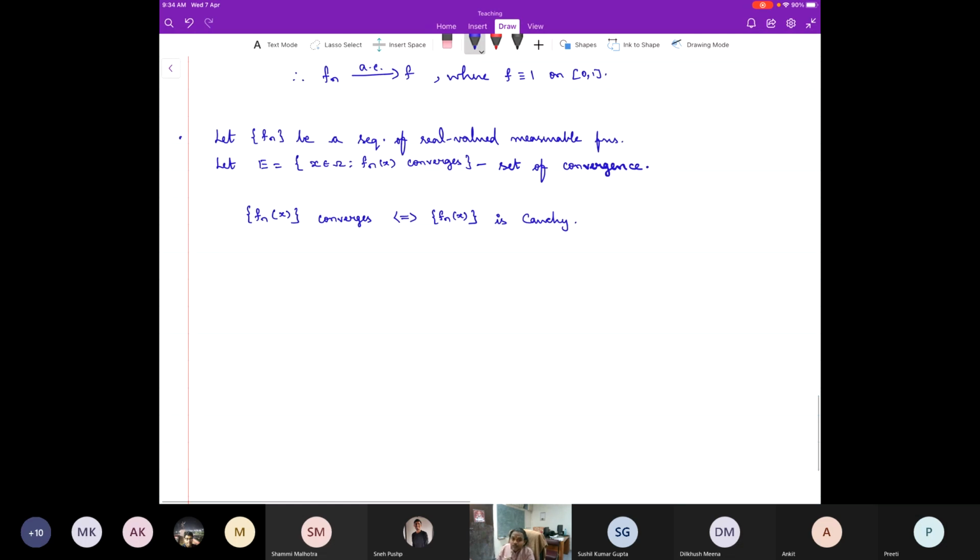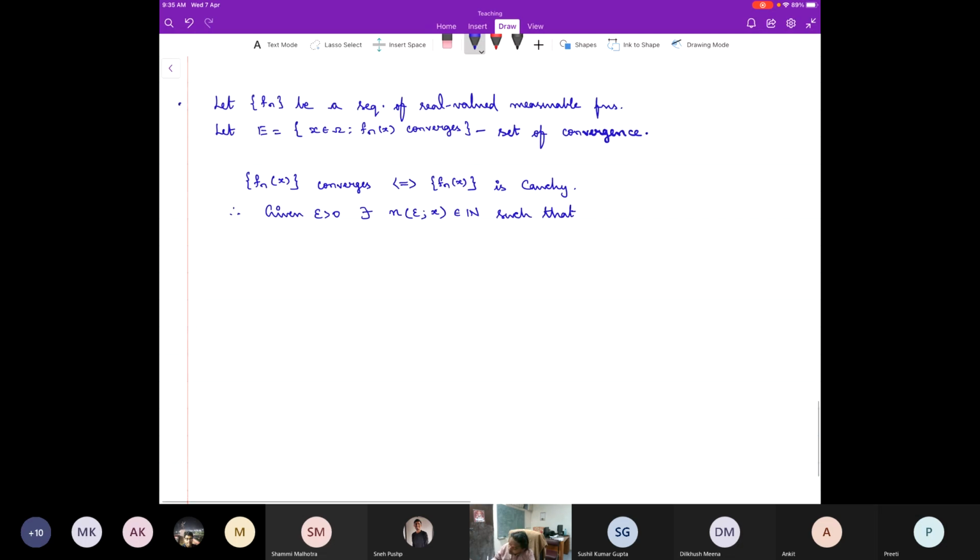Therefore, given epsilon positive, there exists N which depends on this epsilon as well as on the x, which is a natural number, such that modulus of fr(x) minus fs(x) is less than epsilon for all r, s bigger than or equal to N(epsilon, x).